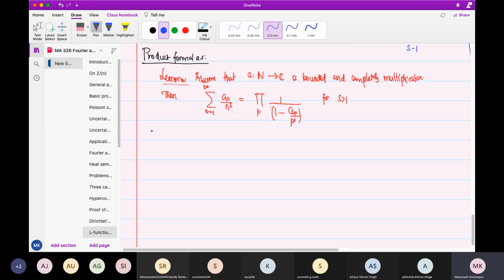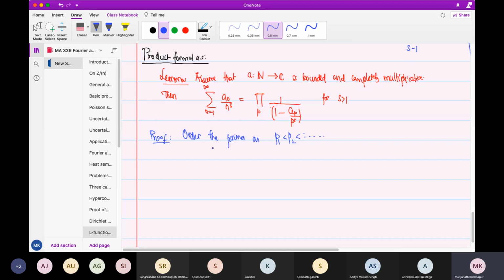There is nothing very subtle in the proof actually. Whatever we did was more or less okay, except you order the primes: p_1, p_2, p_3 and so on.